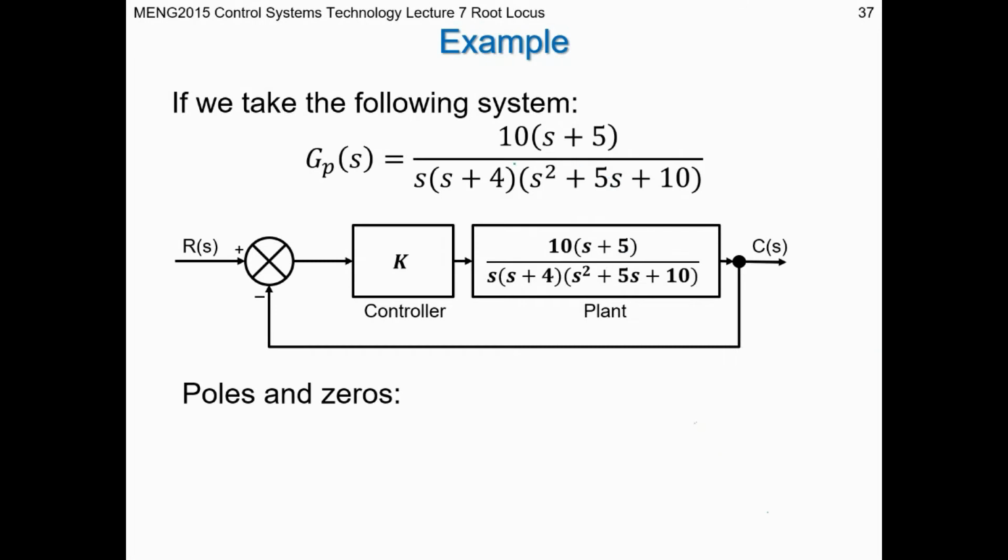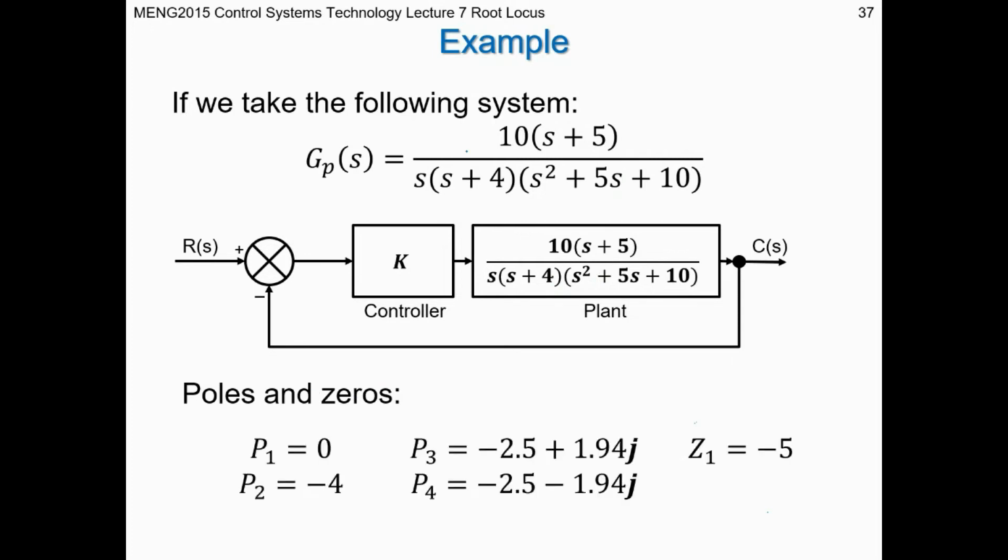Now, let's come to this system. This is probably a bit more complex than anything you'll get in your exams and so on, but it's worthwhile for demonstration purposes. So let's identify our poles and zeros of this system. These are them, and we can see that P1 comes from this term here.